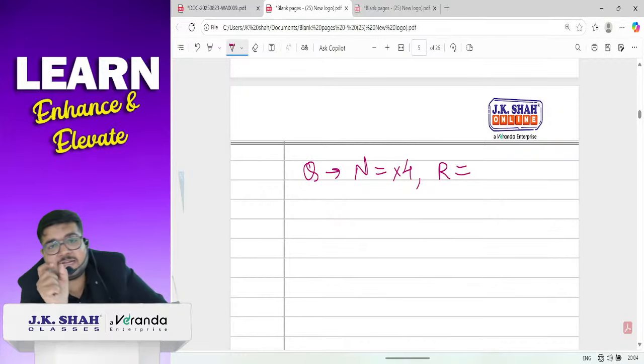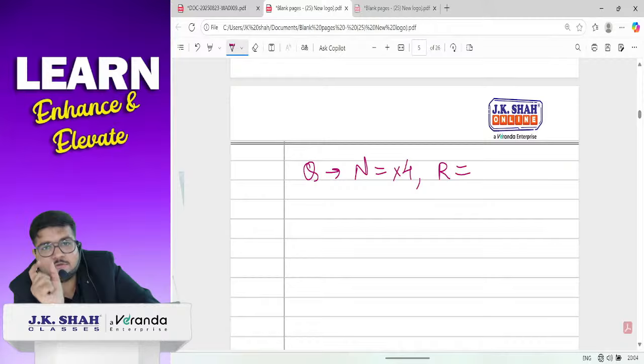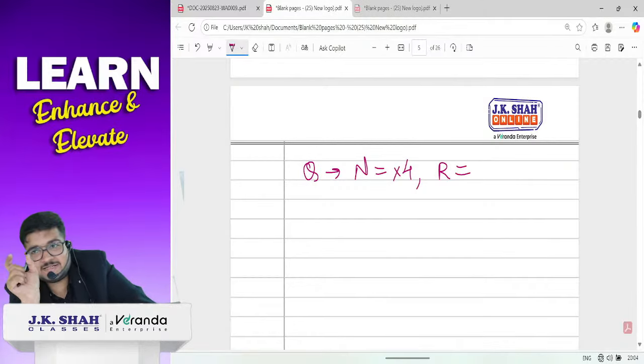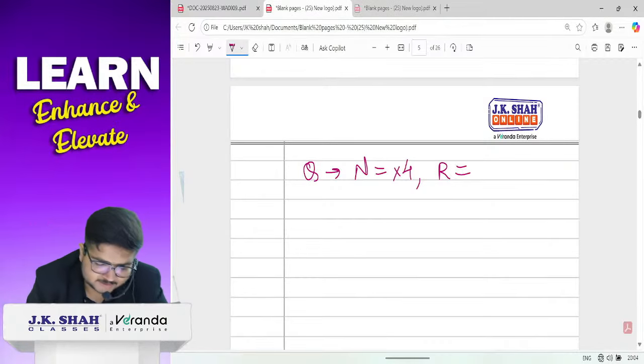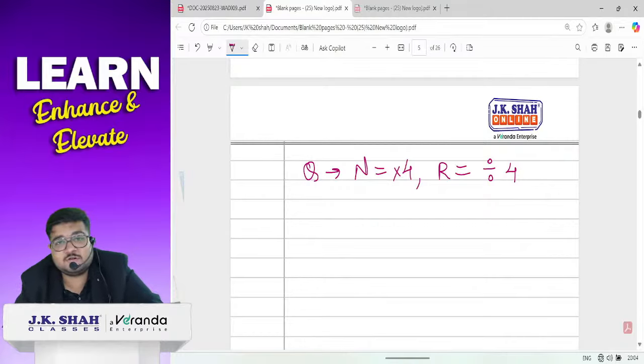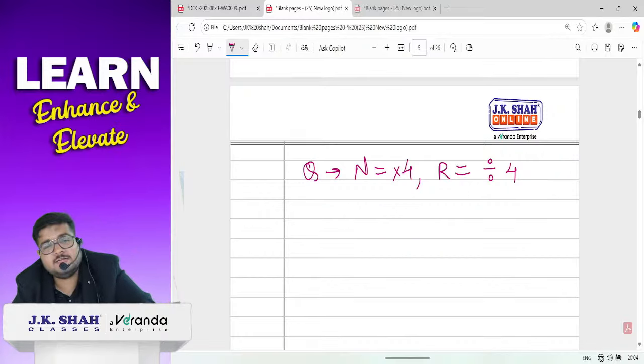It will be taken for a quarter. Quarter means 3 months ka interest will be taken. So whatever interest is given for the full year, you have to divide it by 4, so you will get the interest rate per quarter. Right? So these are the adjustments that you have to do while solving compound interest quarterly.